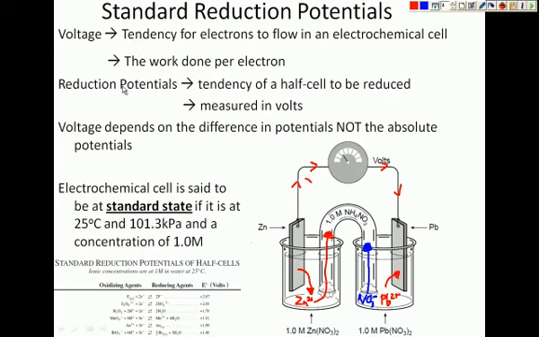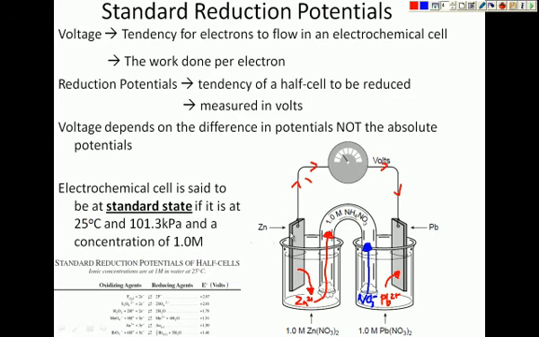And how we do this is we have to have a difference in reduction potentials. So we look at a reduction potential table, like the one I have here, and we can see what the differences in these reduction potentials are. For this particular one, we saw that this Pb2+ was a better oxidizing agent, and Zn was a better reducing agent.